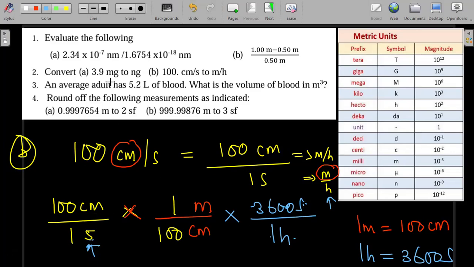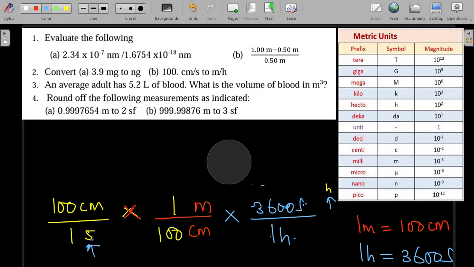And then from here, we can do the multiplication. So let's do the multiplication to see what we are going to have. On top here, it will be 100 centimeters multiplied by 1 meter multiplied by 3,600 what? Seconds.